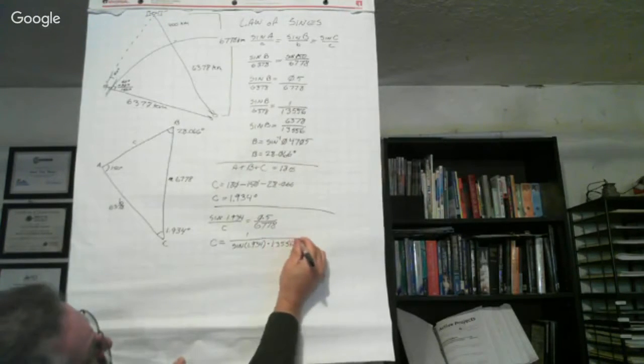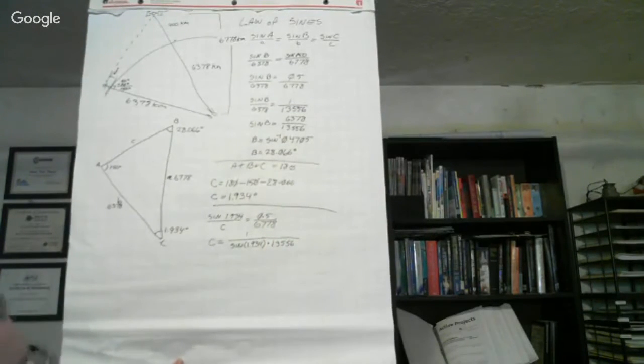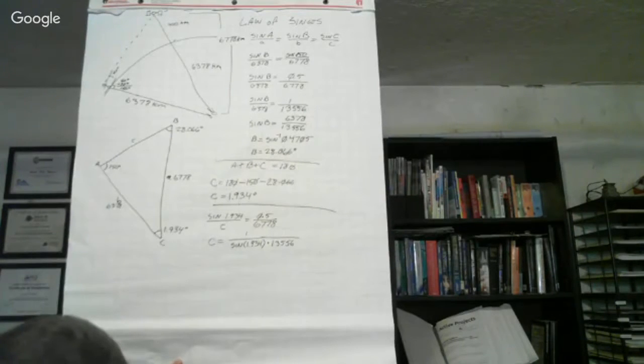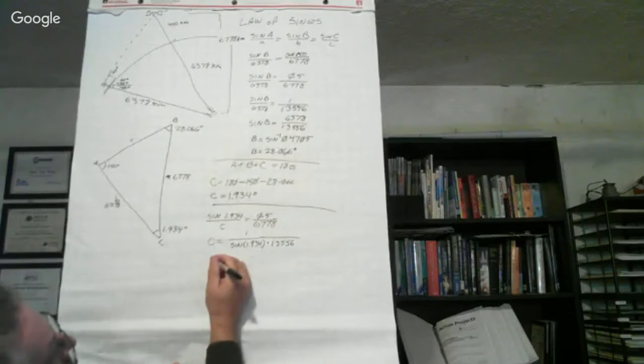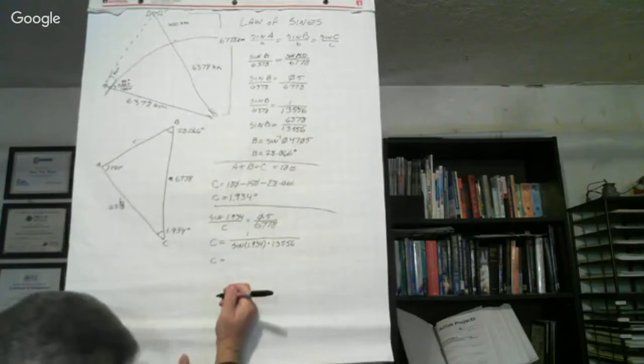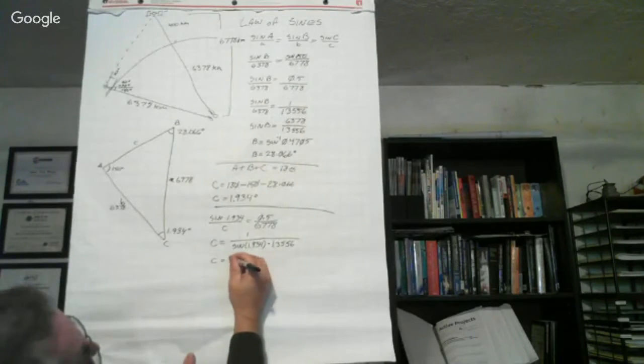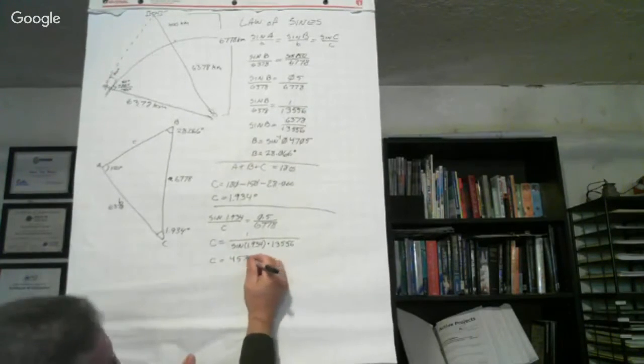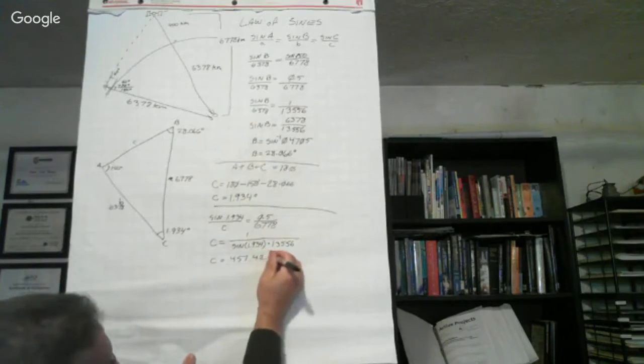Let's extend our line there. Well, that looks solvable. So when we finally do this, C is equal to 457.42 kilometers.